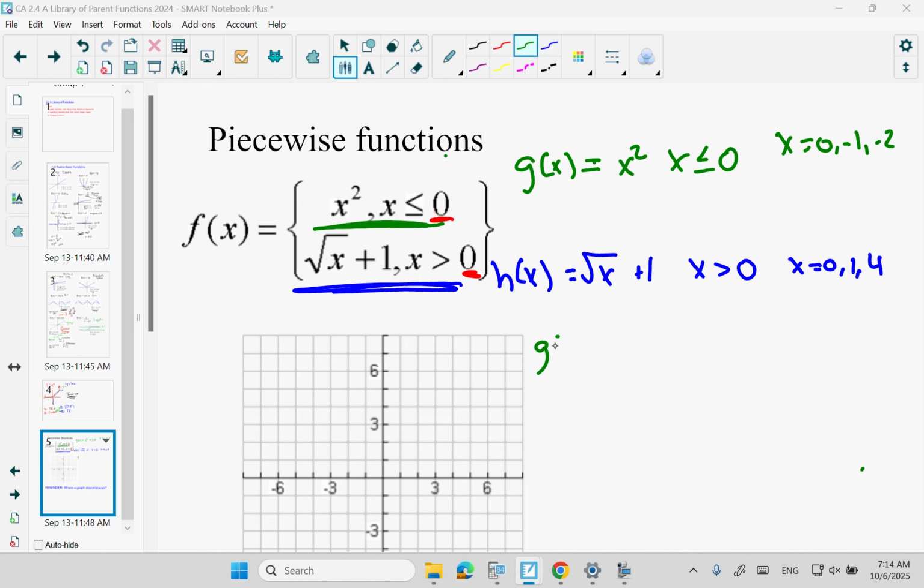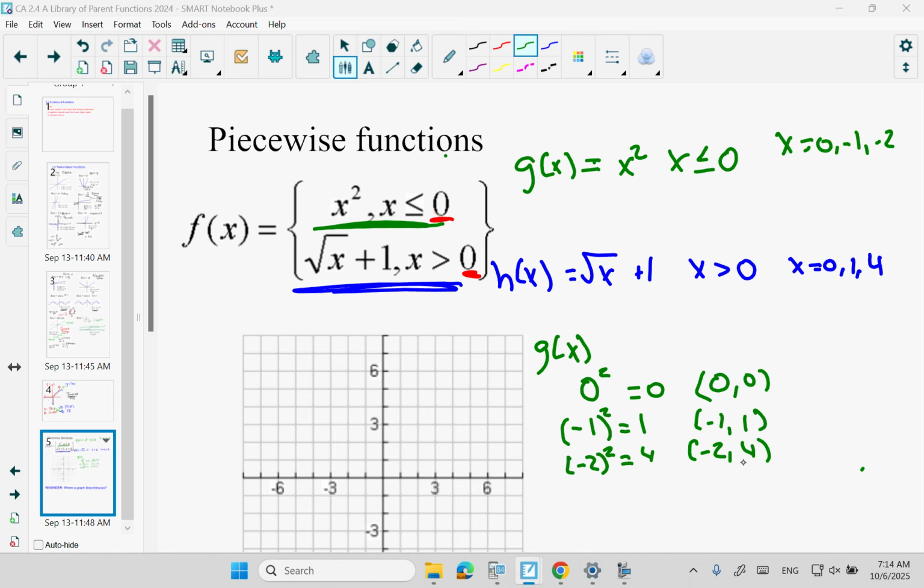Let's plug it into g of x. We would get 0 squared is 0, so I'm going to get the coordinate 0, 0. We can do -1 squared is 1, so I get -1, 1. And then -2 squared is 4, so I get -2, 4. I'm going to graph those.